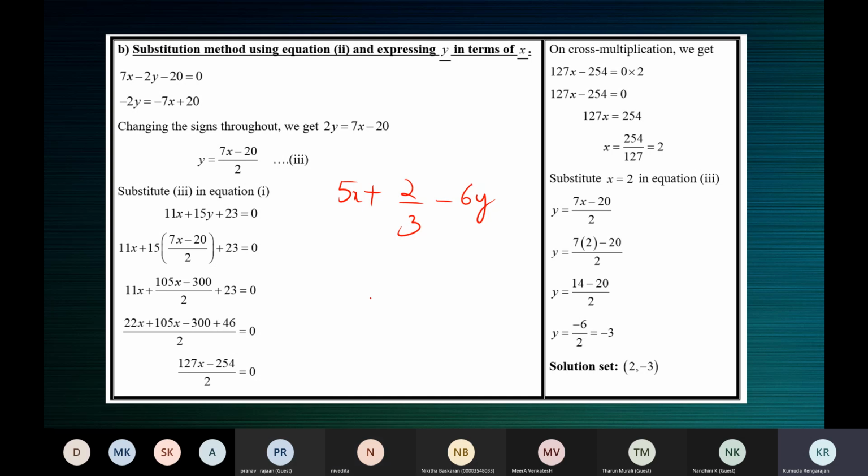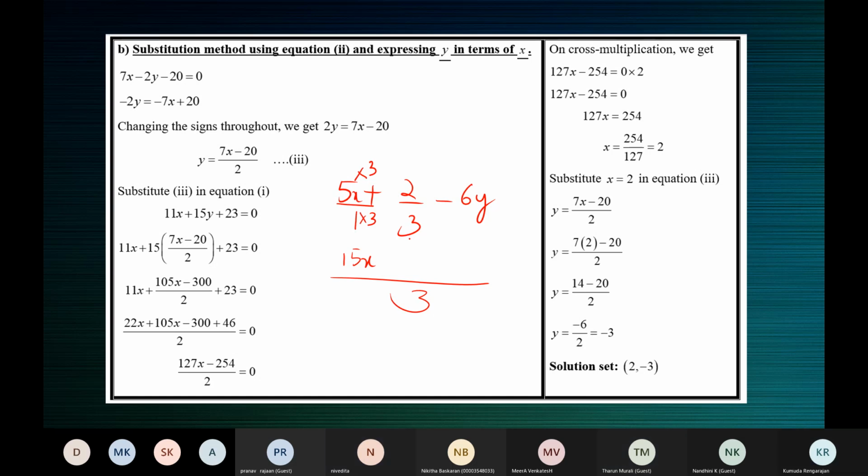Nivedita, what's the LCM? 3. Okay, 3 is the LCM. So what's the denominator here? 1, right? Yes, ma'am. 1 into 3 is 3, the LCM, correct? Yes, ma'am. So you need to multiply the numerator by 3. So that will become 15x.